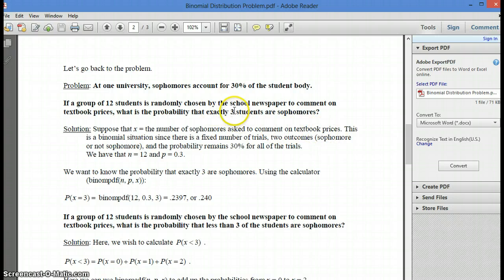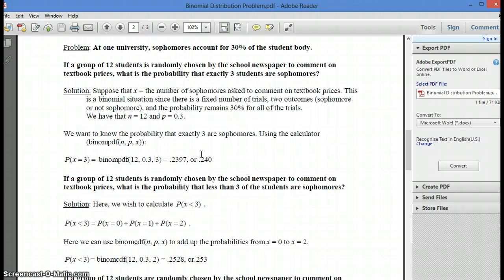X is the number of successes in the n trials, so X is going to be 3 in this case. N is 12, because we're looking at groups of 12 students. The probability that a student is a sophomore is 30%, so the probability of success P is 0.3. Now we want to know the probability that exactly 3 are sophomores, so we'd want to work with that probability.